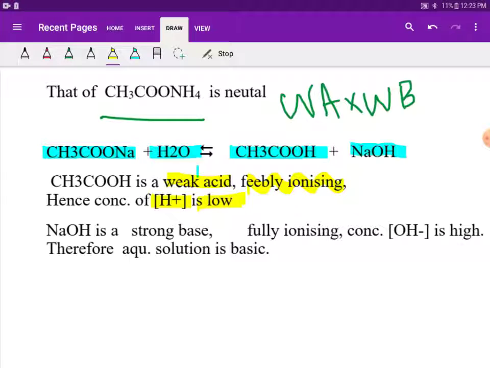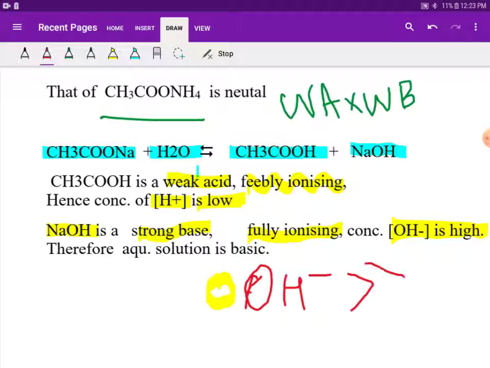While NaOH is a strong base, fully ionizing, and the OH minus ion concentration is much higher than the concentration of H plus. Therefore, the solution is basic or alkaline in nature.